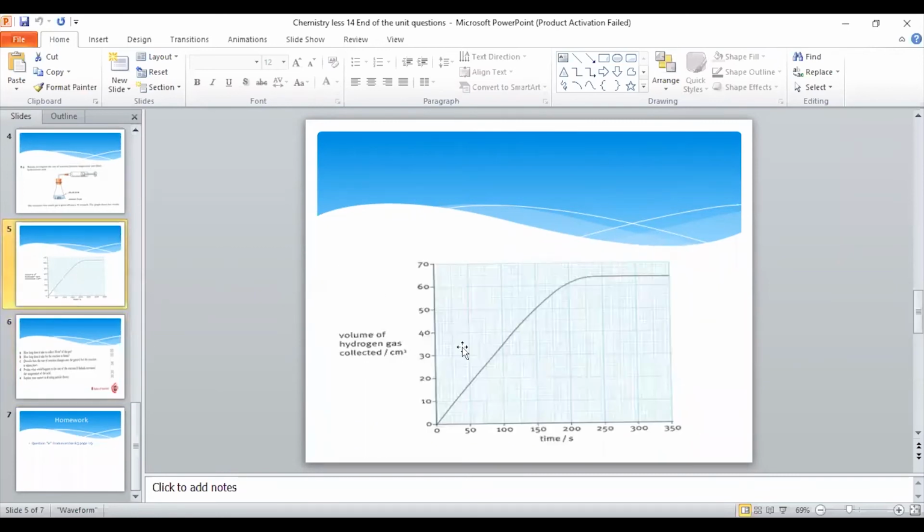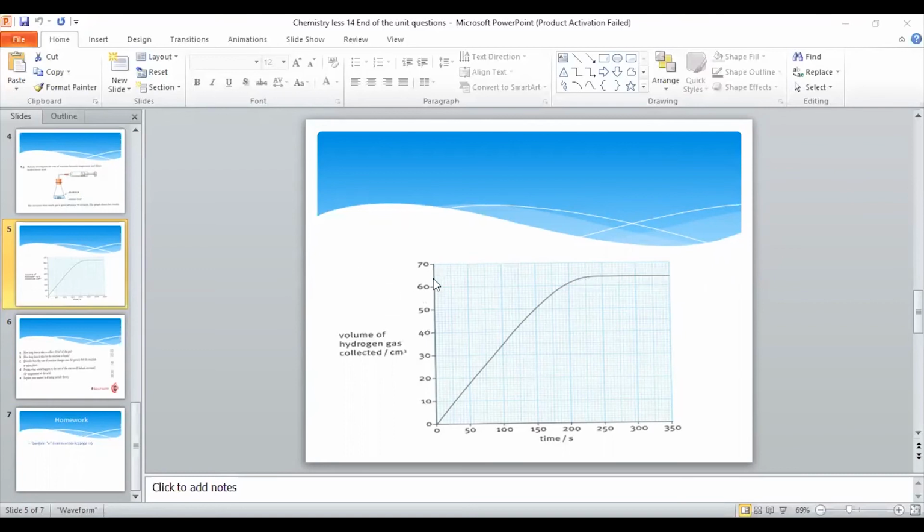So, how long does it take for the reaction to finish? Where do I see when this reaction finished? How can I understand this? What makes me think that the reaction has finished, looking at the graph? 225, yes, exactly.